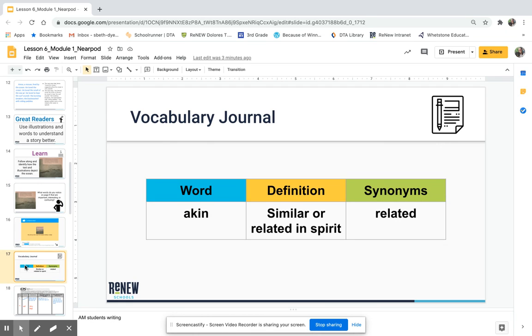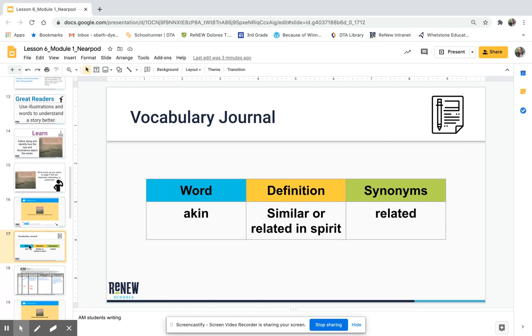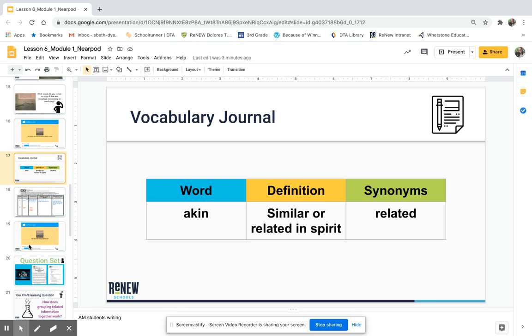And so then I gave you this word. Remember, we didn't have a place to write this word in our vocabulary journal, but I told you the word akin means similar or related in spirit. It's just a fancy word for related.